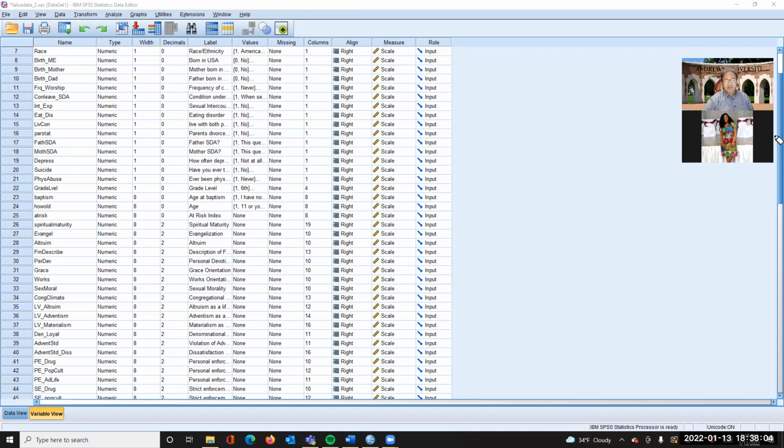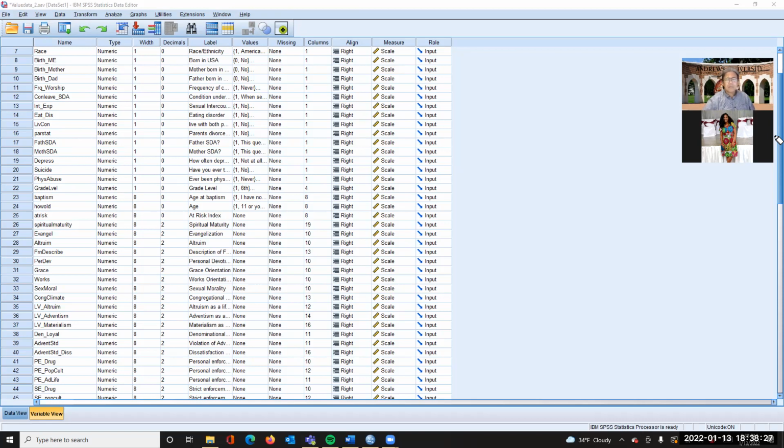So logistic regression is widely used in the health sciences. But we also do this in social sciences because, again, many social science variables are not always normally distributed and not always scaled.